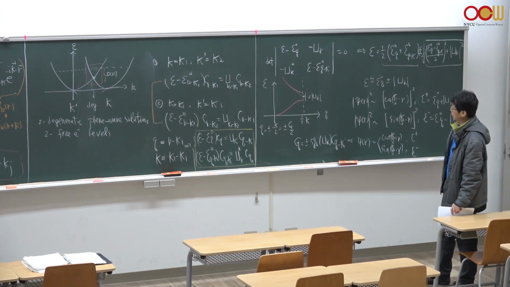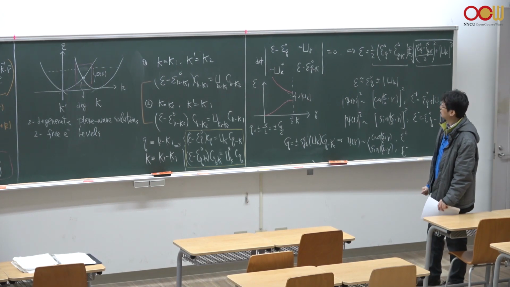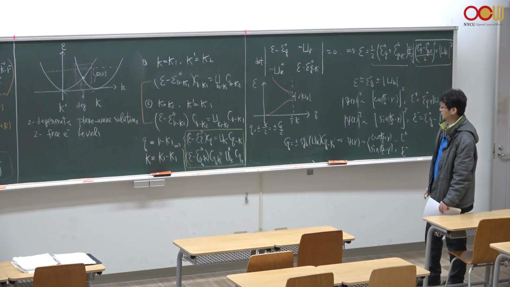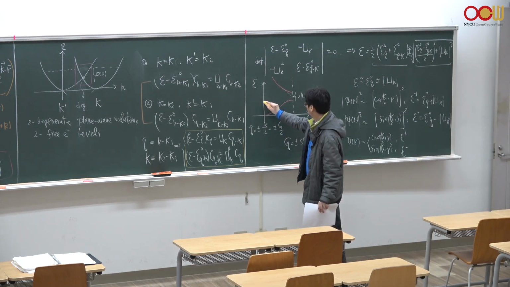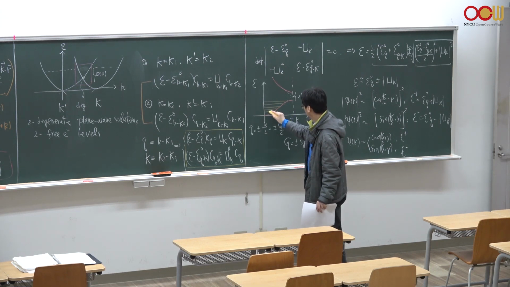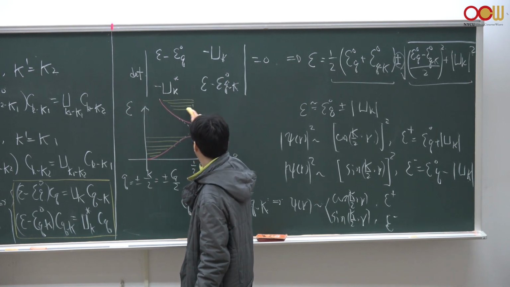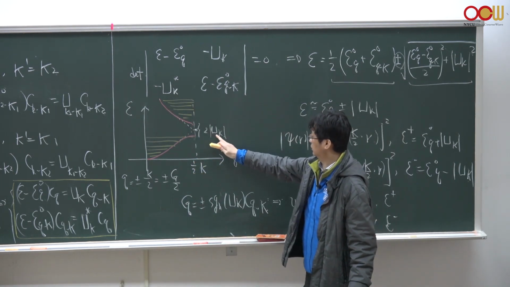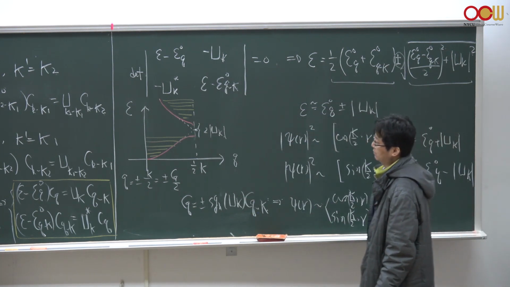So both curves represent the actual band structure after considering the periodic potential. In other words, after considering the periodic potential, you have two different bands, and they are split. The amount of the splitting is about 2 times the magnitude of U_K, where U_K is the Fourier component of the periodic potential.